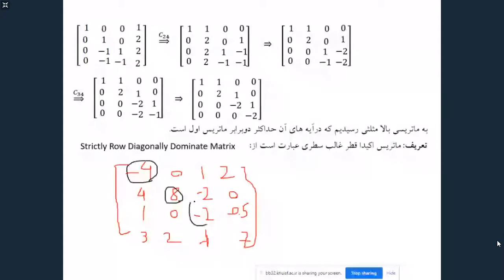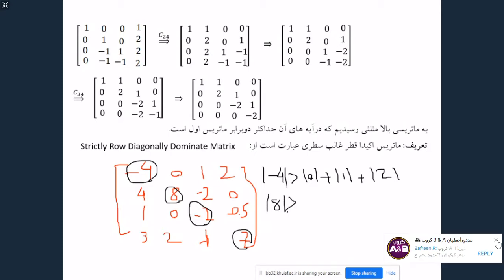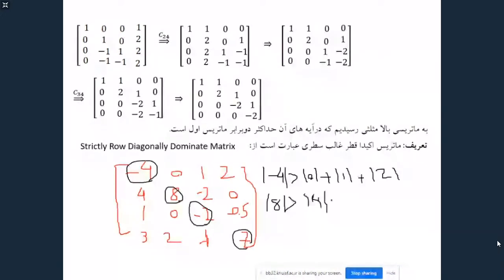Strictly row diagonally dominant: minus 4 in absolute value is bigger than 0 plus 1 plus 2 in absolute value. 8 in absolute value in the second row is greater than 4 plus minus 2 in absolute value plus 0.